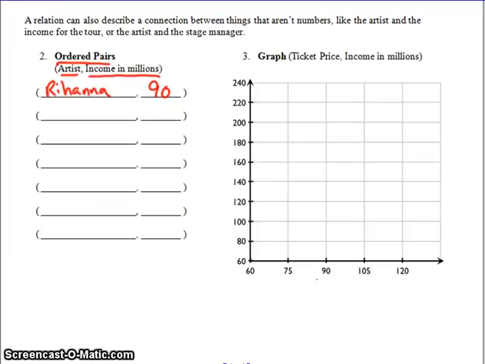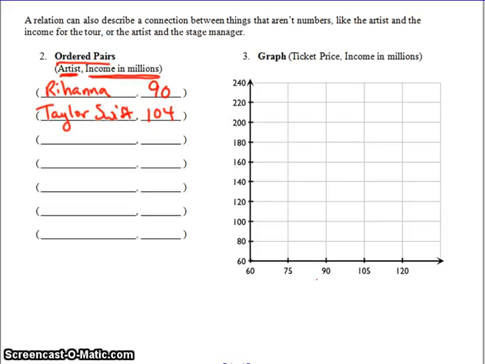The order is not too important here, so we could go out of order. Was it 104? Let's go back and check. Yeah. What I want you guys to do is fill out the rest of these ordered pairs, where we have the artist to the income in millions.